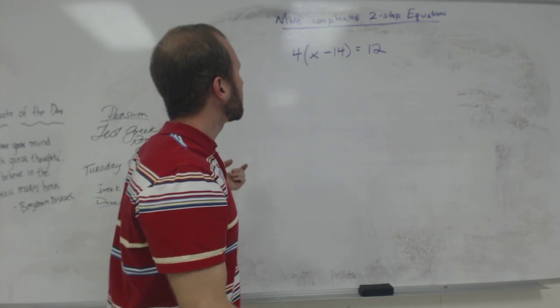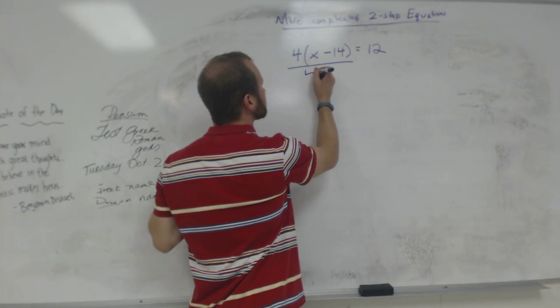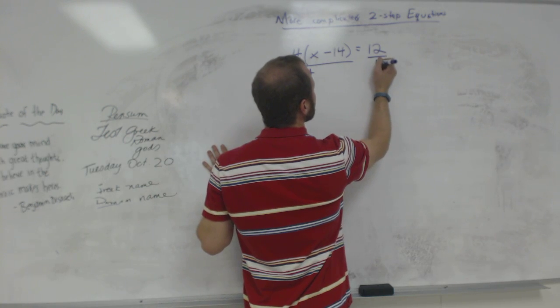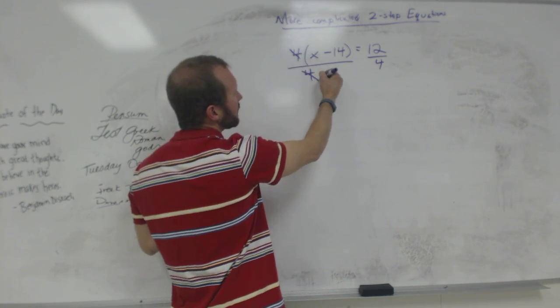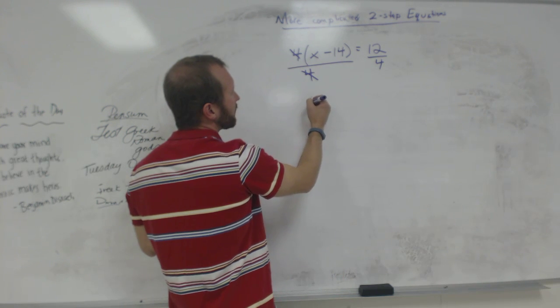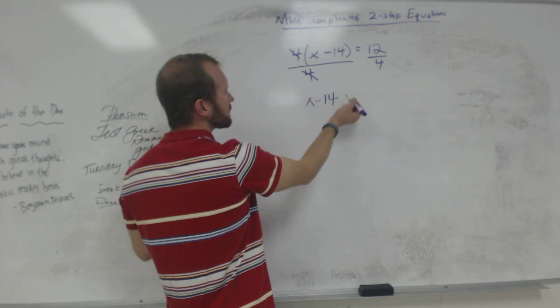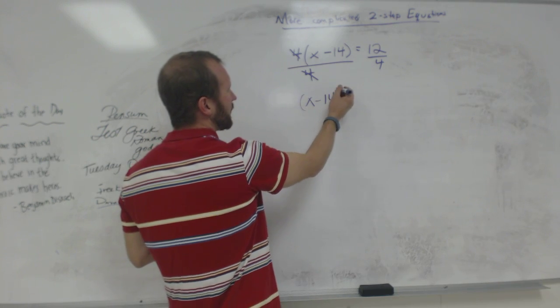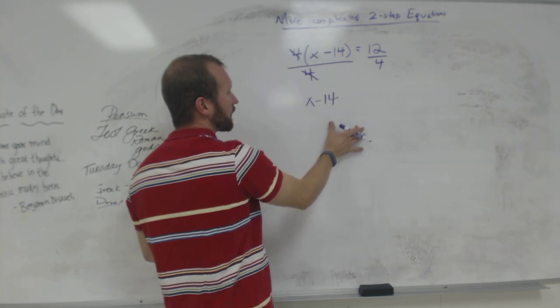Divided by. So what if I just divided by 4 on both sides? Now I can cancel upstairs, downstairs. We would have x minus 14. I don't need the parentheses anymore because there's nothing outside them. X minus 14 is the same thing as x minus 14.